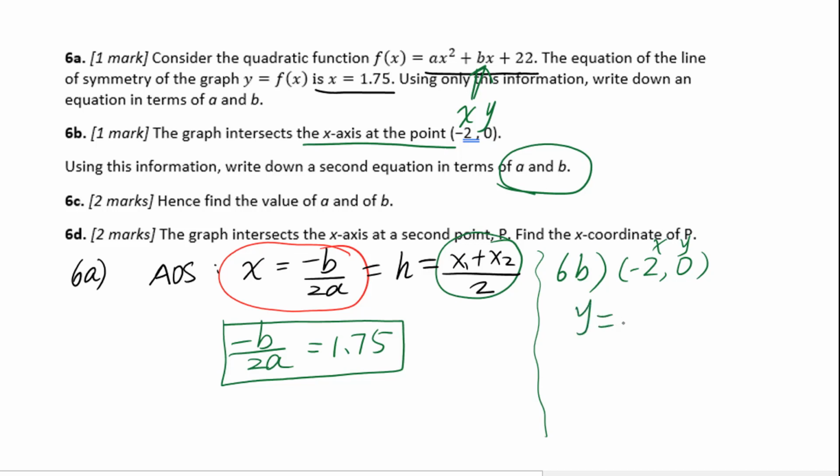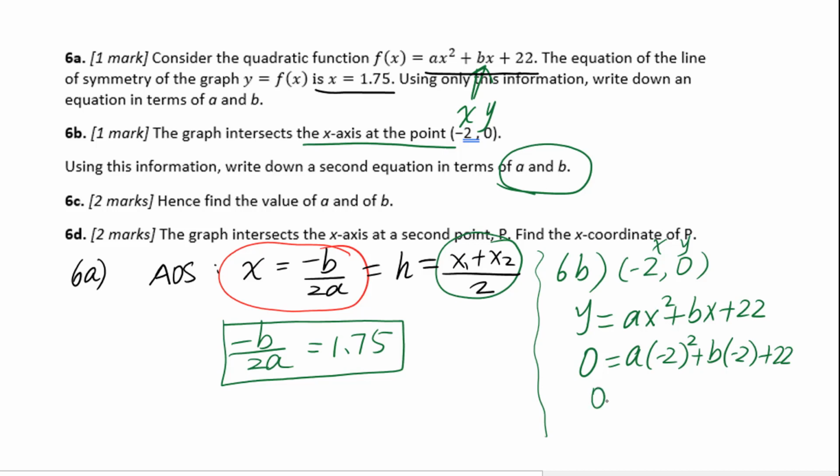We know y equals ax squared plus bx plus 22. So y equals 0 equals a times negative 2 squared plus b times negative 2 plus 22.